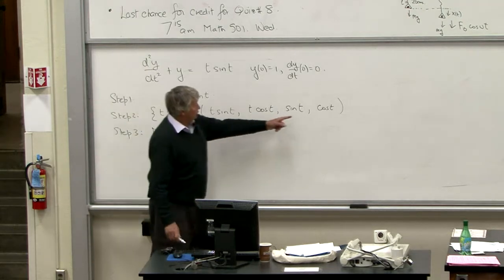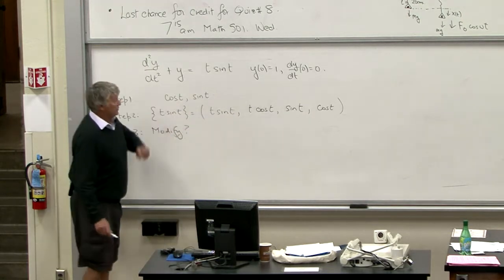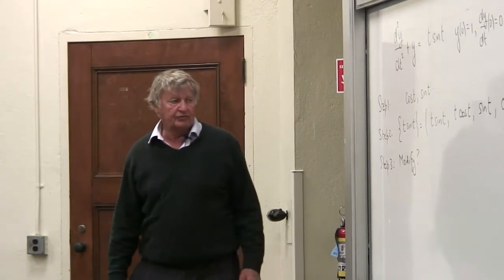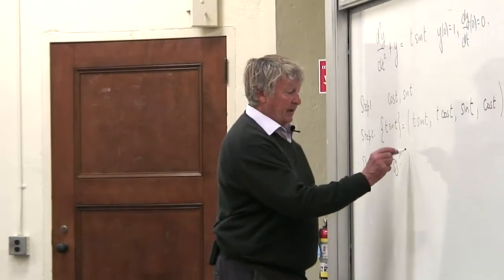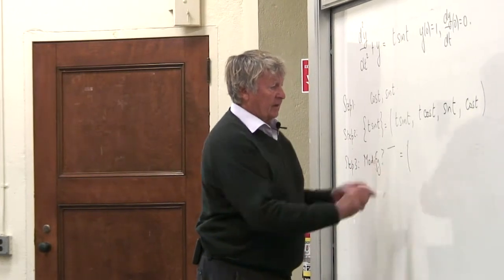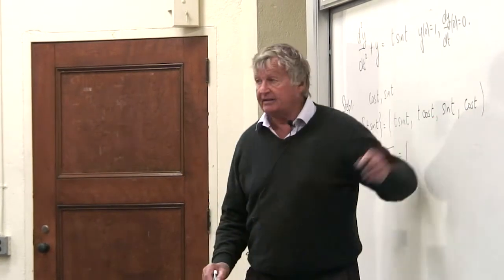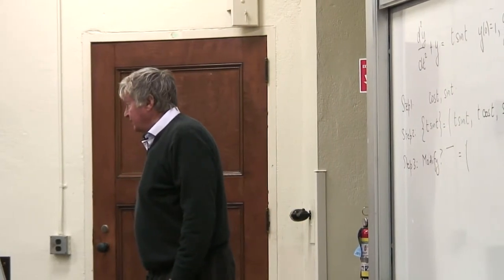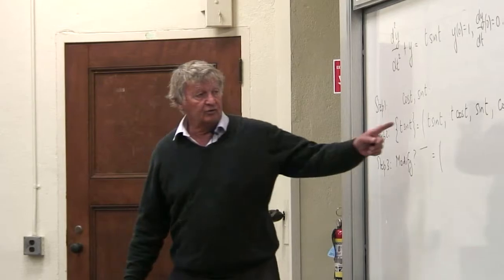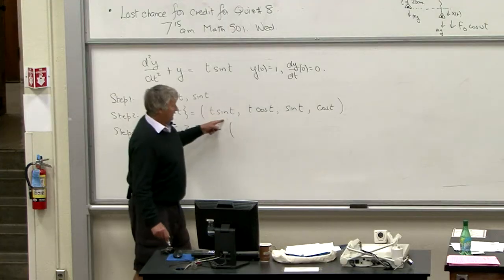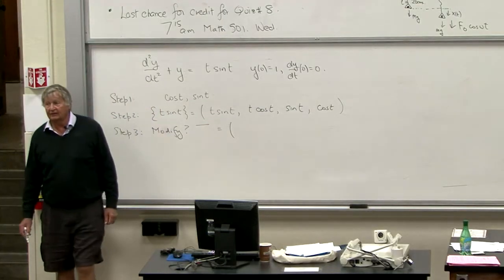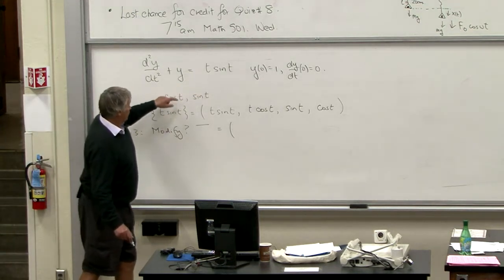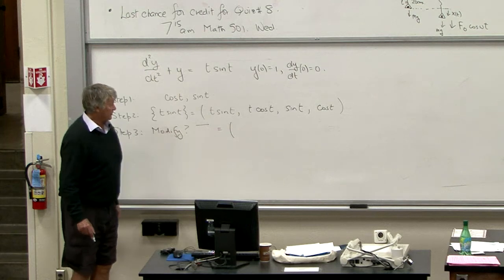Are any of these solutions of the homogeneous equation? Yes. And what's the rule? We modify by multiplying each member of this set by the lowest power of t, so that what we get when we do that no longer satisfies the homogeneous equation.